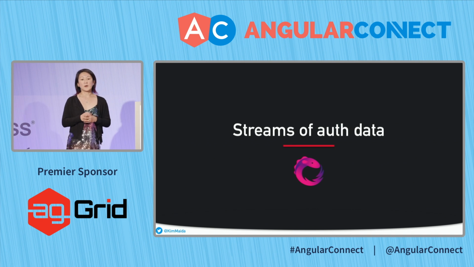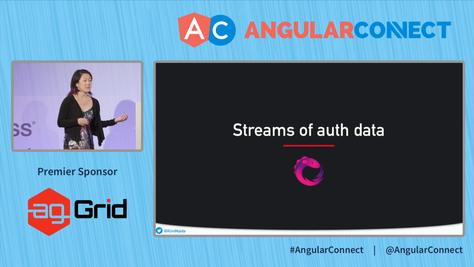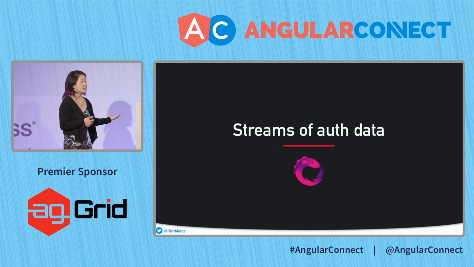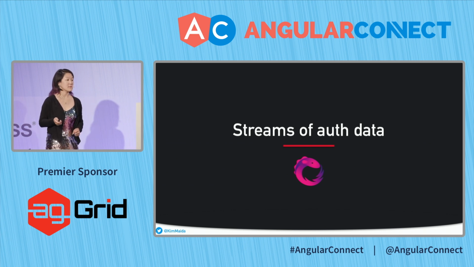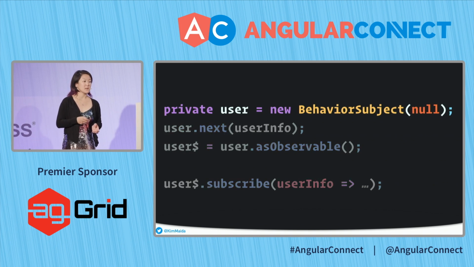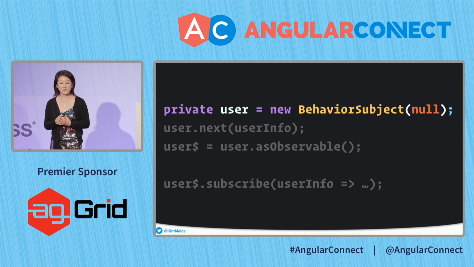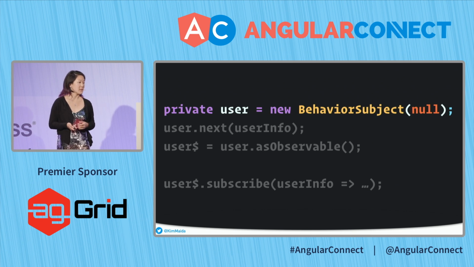So the other part of this whole cycle that RxJS really helps us with is creating streams of data to help us know when things are happening. So for example, like I mentioned before, token availability, user info, login status. So if we take the example of user info, we could do something like creating a private behavior subject in our authentication service, and this could represent our user data.